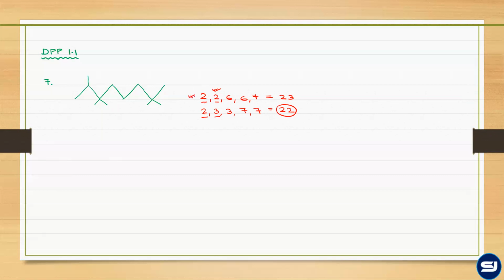This will be considered to be the correct locants or the correct positions. Clear? Despite the sum of the locants being higher, this will gain the priority. Understood? So the answer to this will be option C. Preference to the lower numbering of the substituent.